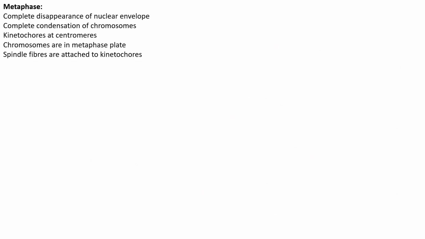Now, the next phase we have is the metaphase stage, right? What happens in the metaphase stage is that, if you have to draw it more clearly, you see that the chromosomes are arranged in one particular plane.